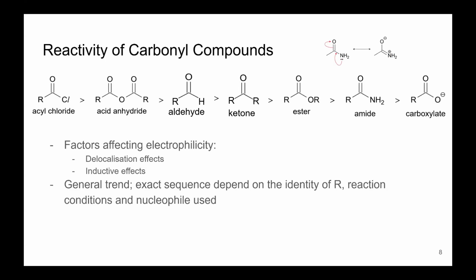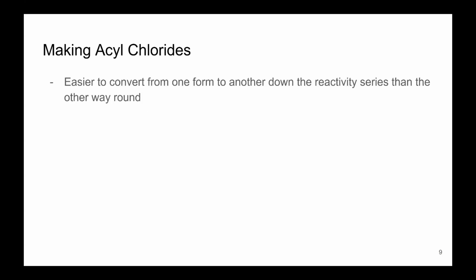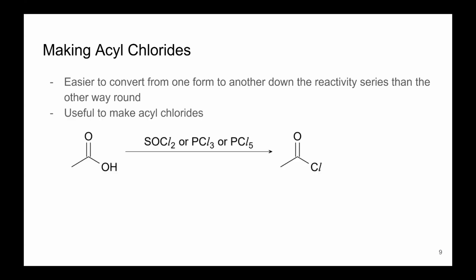Because of this reactivity series, it's easier to convert an acyl chloride to a carboxylate ion rather than the other way around. It's easier to convert one form to another down the reactivity series than the other way around, and because of it, it's very useful for us to make acyl chlorides.